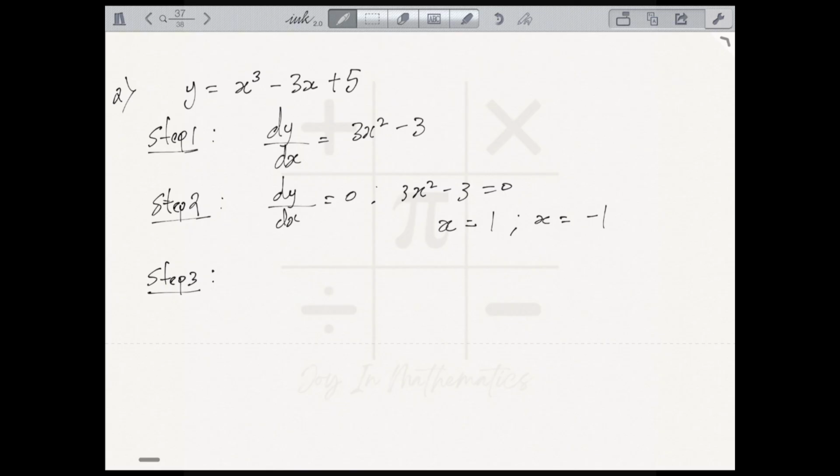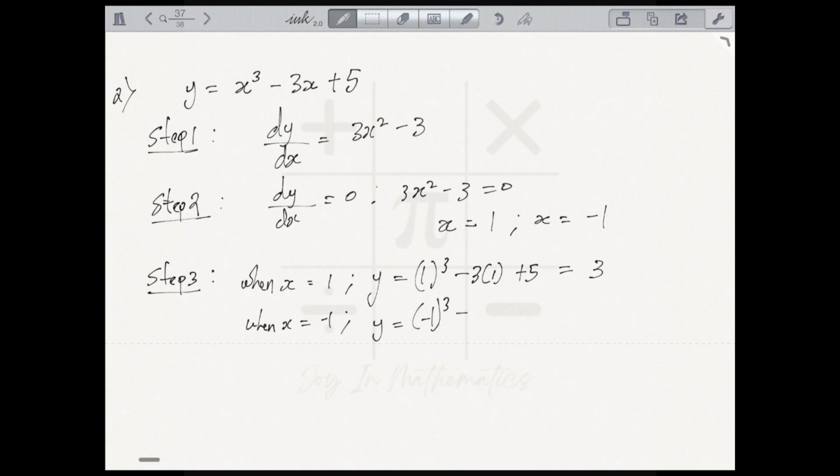Therefore, when x = 1, y will be equal to 1³ - 3 × 1 + 5, and this will give me 3. And when x = -1, y = (-1)³ - 3 × (-1) + 5, and this will give me 7.